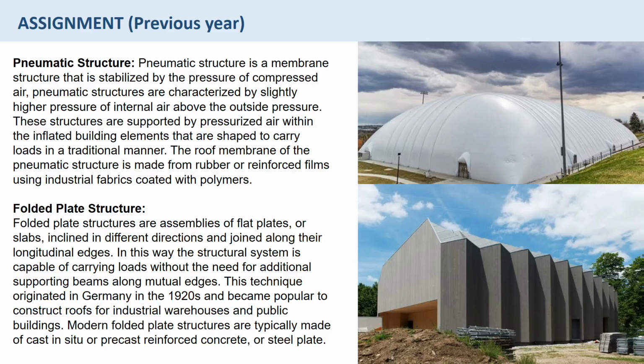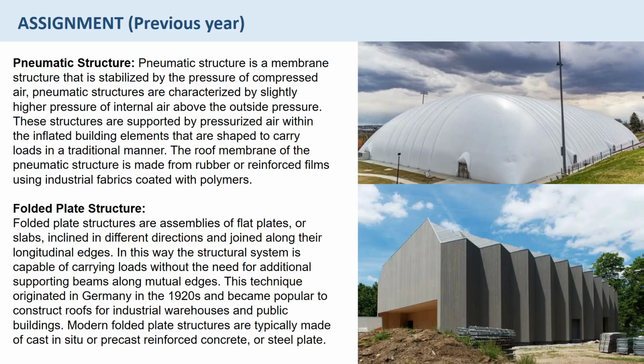Folded plate structure. Folded plate structures are assemblies of flat plates or slabs inclined in different directions and joined along their longitudinal edges. In this way, the structural system is capable of carrying loads without the need for additional supporting beams along mutual edges.